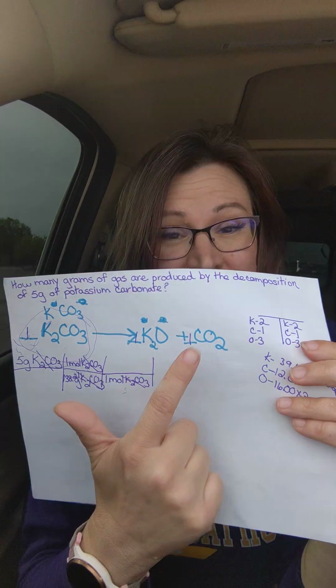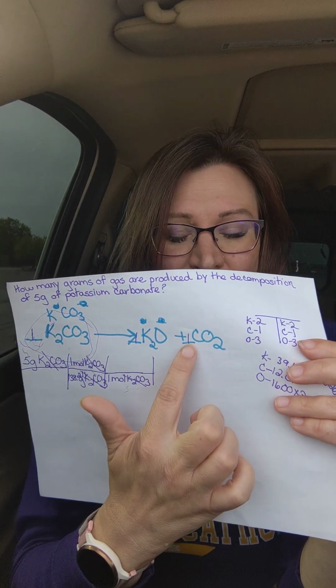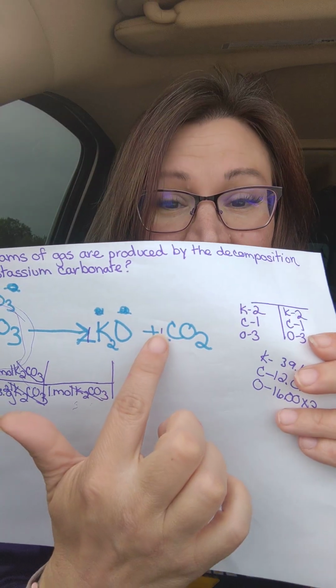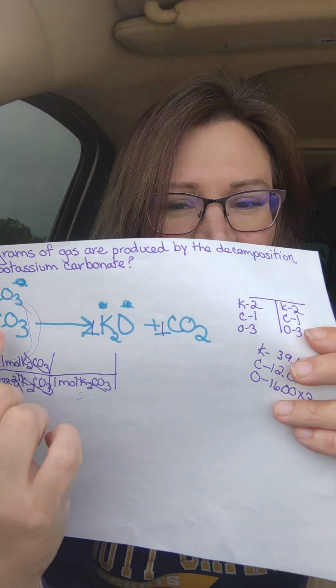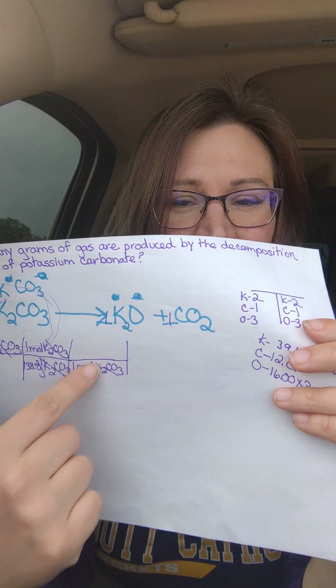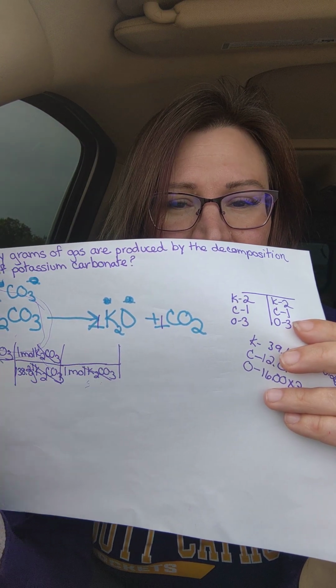So we know that the gas is carbon dioxide. How many moles of carbon dioxide do we have in this equation? We have just 1 based on our balanced equation. So on top here, to show the ratio in the equation, we're going to put 1 mole of carbon dioxide.